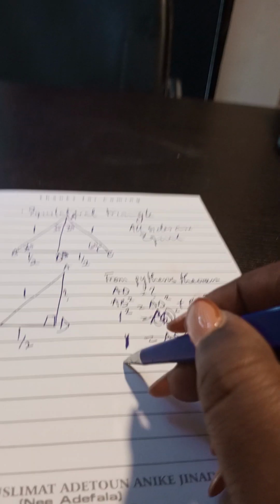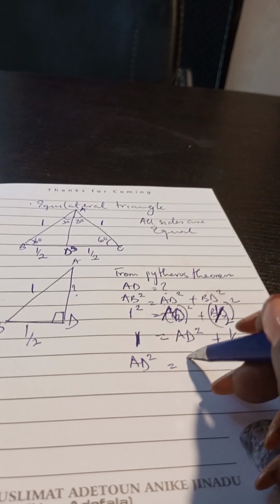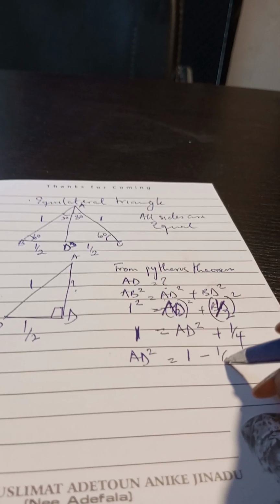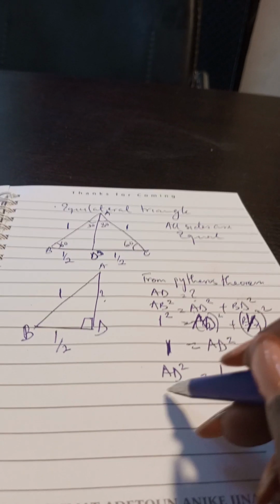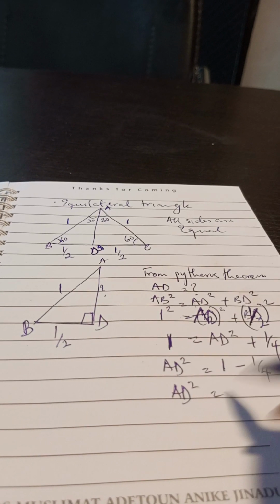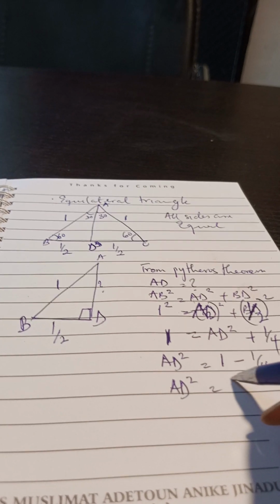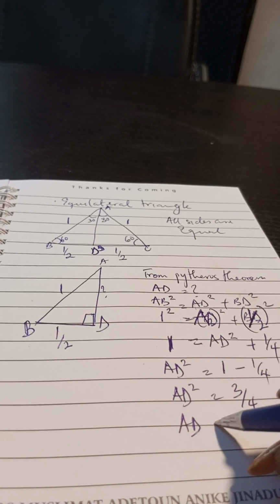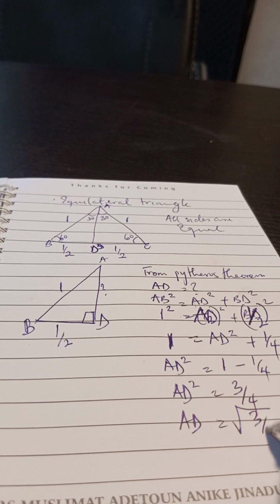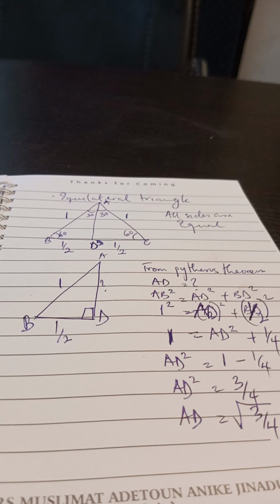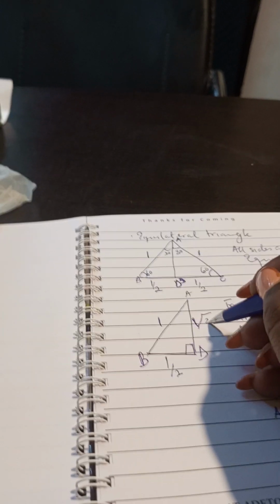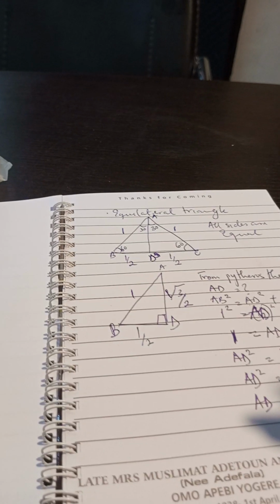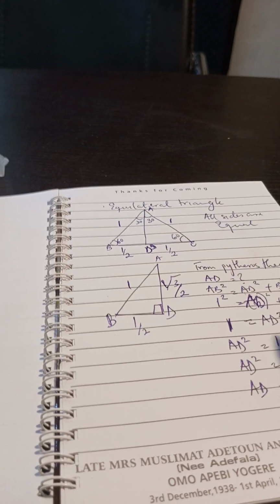So you have AD squared is equal to 1 minus 1 over 4. So AD squared will give you 3 over 4. AD will give you the square root of 3 over 4, which will give you root 3 over 2. Now AD we slot root 3 over 2 in the triangle.